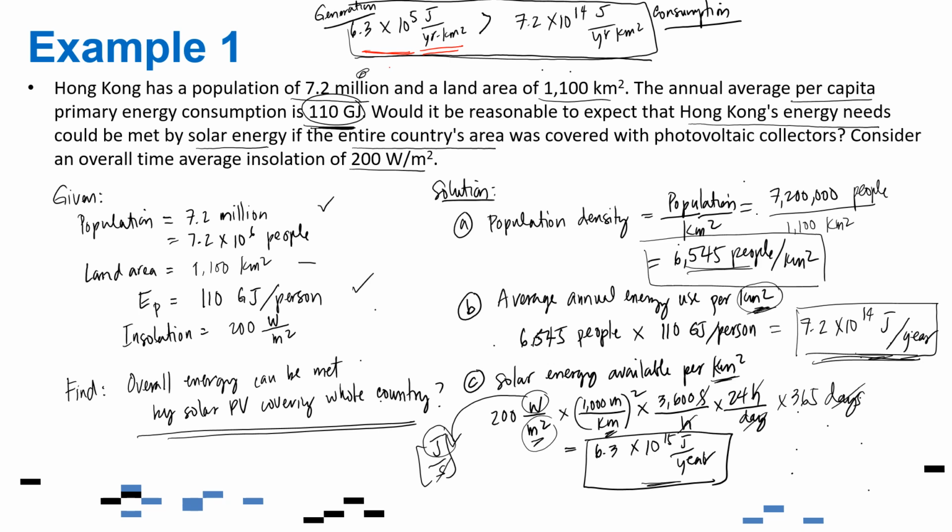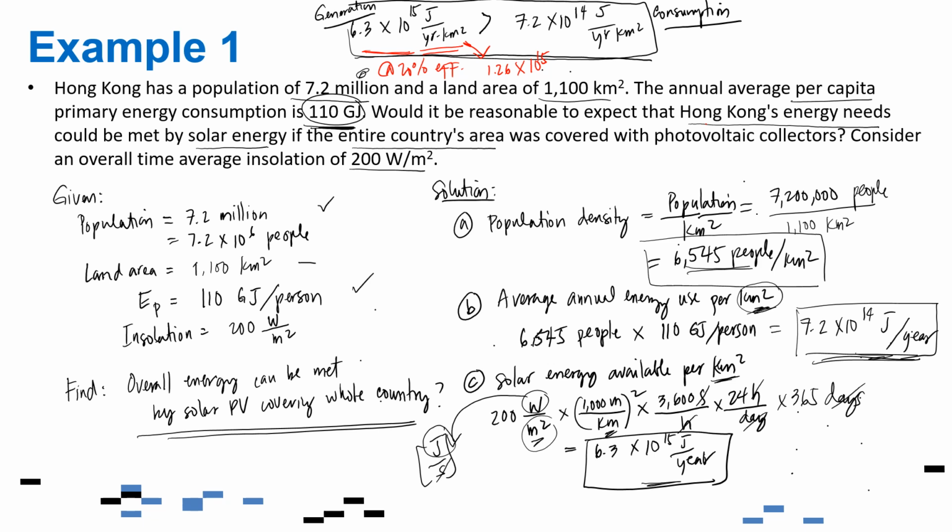At 20% efficiency, this value now becomes 1.26 times 10 to the 15. So that should be 10 to the 15 here. I just want to make sure that it's clear.